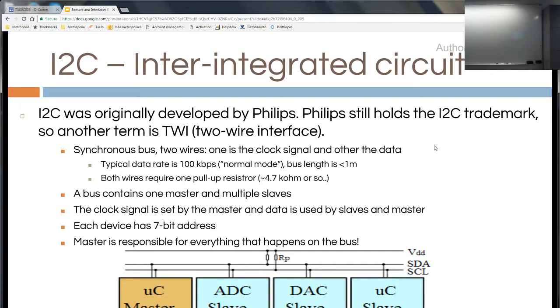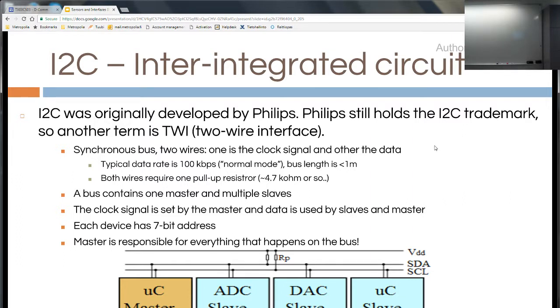And basically, when you have these pull-up resistors and open collector kind of drives, it means that any of those masters or slaves can set a state 0 into that line.